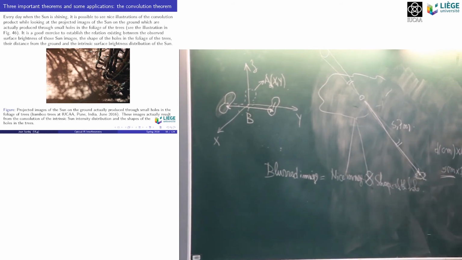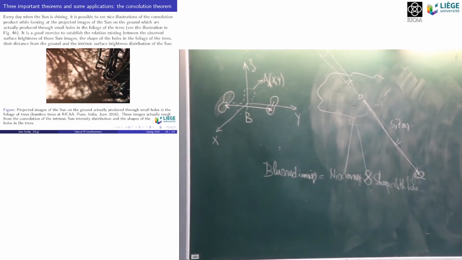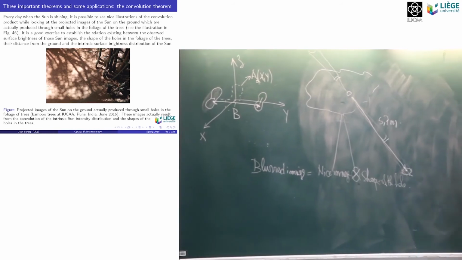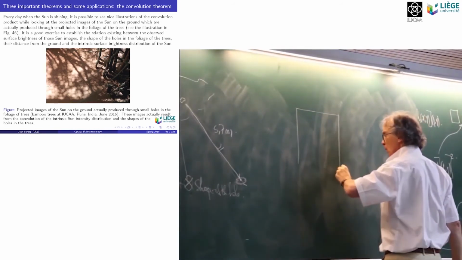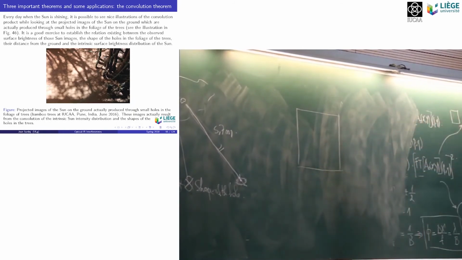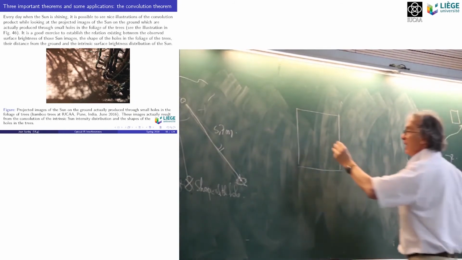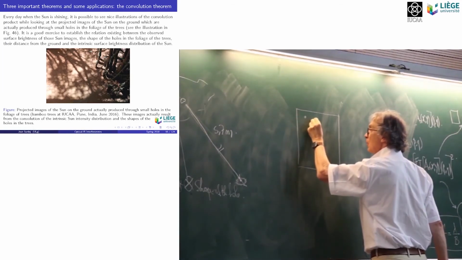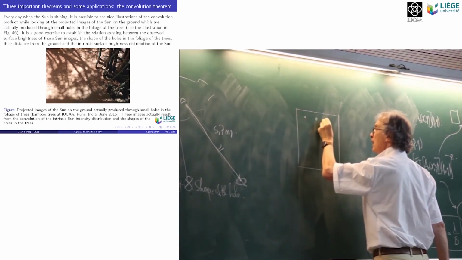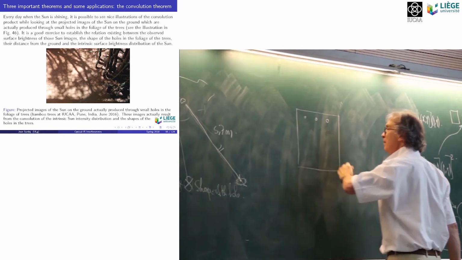And this is a nice experiment to make at home. So, we did that in our office in Liège. We just took a piece of cardboard, and here we made small holes, circular, here a little bigger, here still a little bit bigger.